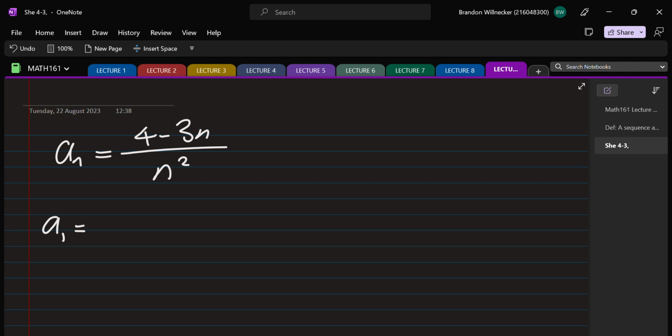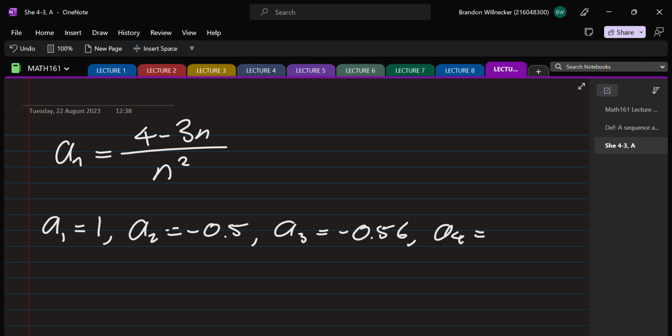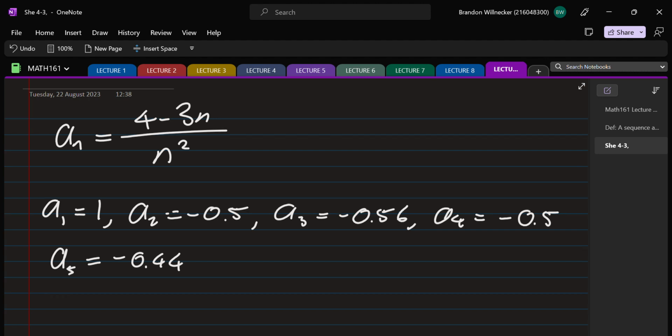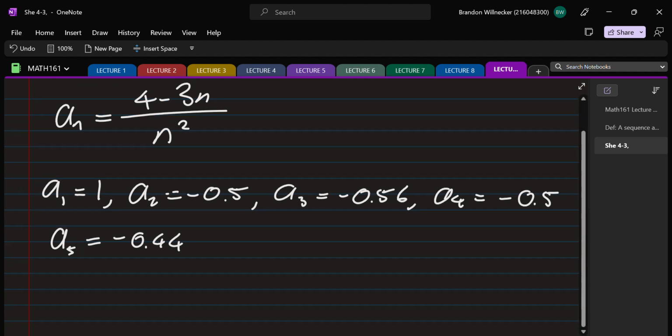So we can get a1, just plugging that in, is 1. a2 is minus 1/2. a3 is minus 0.56. a4 is minus 0.5. a5 is minus 0.44. And then it gets bigger from there. You can add more terms to see what the behavior is like, but a few of them will give you a good idea of what the sequence is doing.